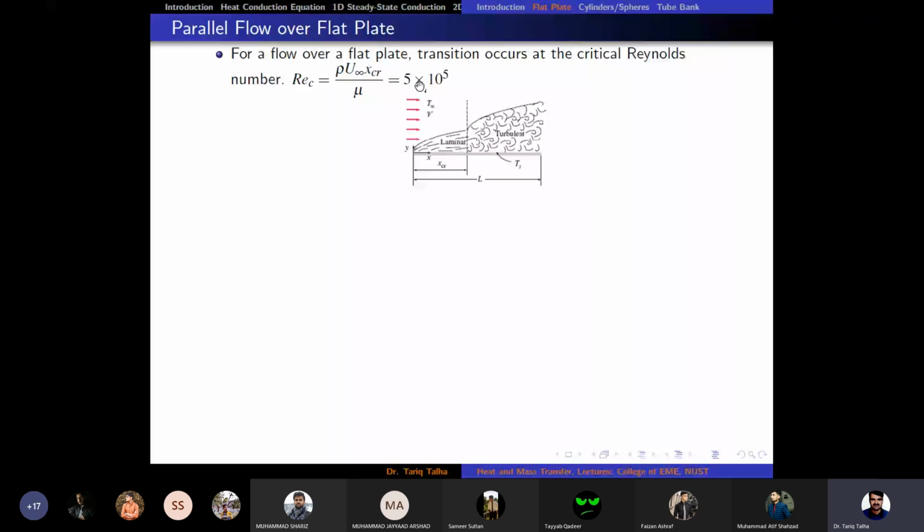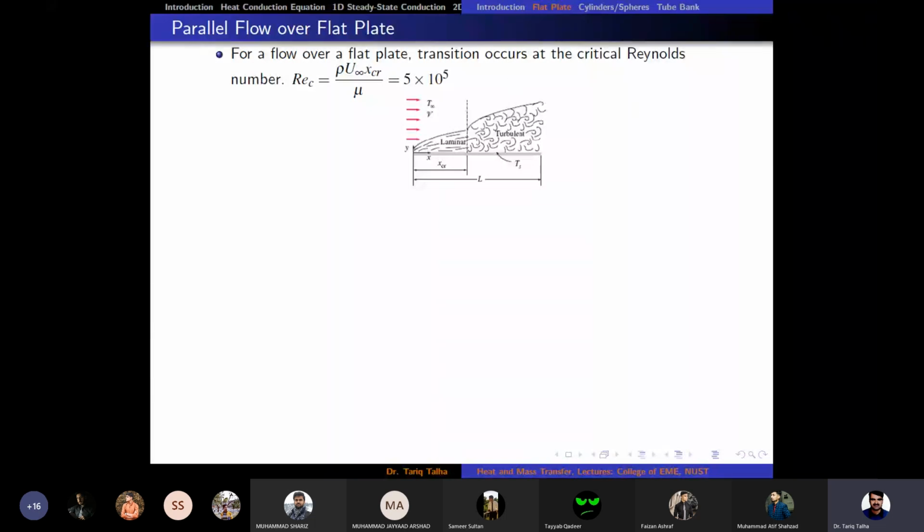Why is the Reynolds number increasing with length? Because in the Reynolds number definition there is x. So if we go along the flow direction, x would increase, and in turn the Reynolds number would increase. There would be some x value at which the Reynolds number becomes equal to 5 lakh, and after that the flow transition would start, and then the boundary layer would become turbulent.